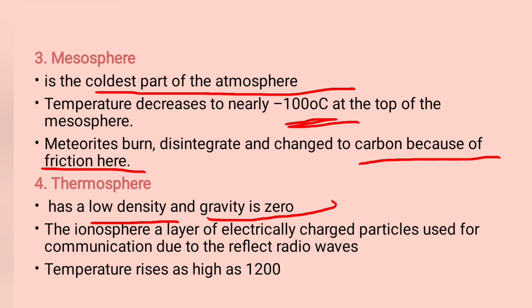Again, temperature in this layer is very high as it stretches to 1000 degrees Celsius. So in the thermosphere, there is low density and zero gravity. Again, the ionosphere is a layer of electrically charged particles which are used for communication due to the reflected radio waves.